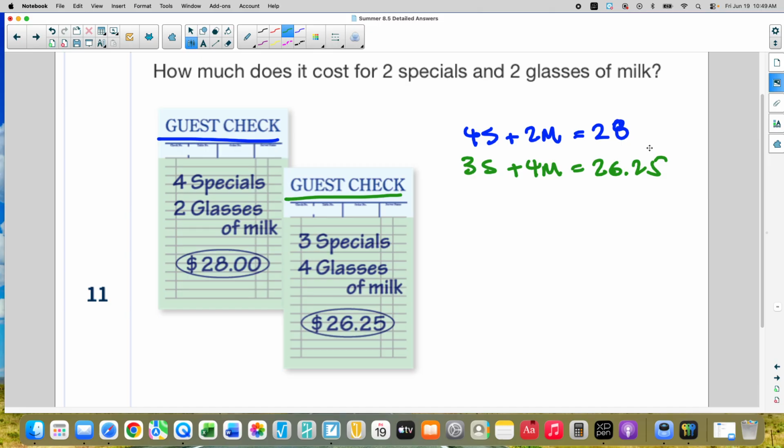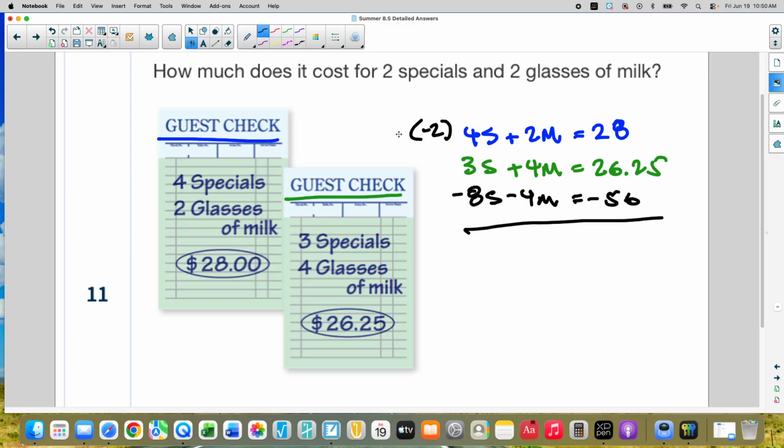Don't like that decimal. Let's multiply the top by negative 2. I'm going to cancel the m's. So that will give me negative 8s minus 4m equals negative 56.